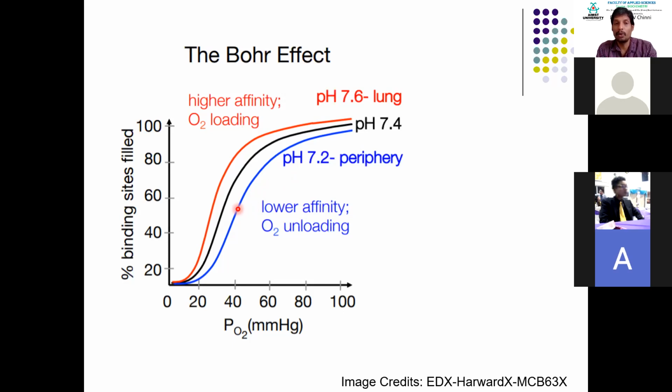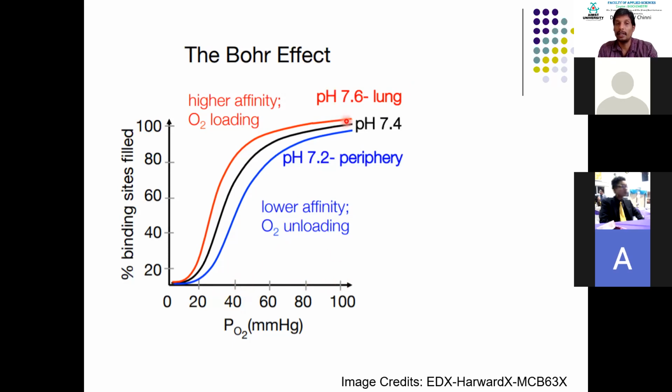When the same hemoglobin reaches the lungs, the lungs have a slightly higher pH, that is 7.6. At higher pH, the affinity of hemoglobin for oxygen changes, so the same 40 gives less oxygen released, meaning the oxygen is tightly bound. But anyhow, in the lungs it's not 40, it will be much higher, almost 100.